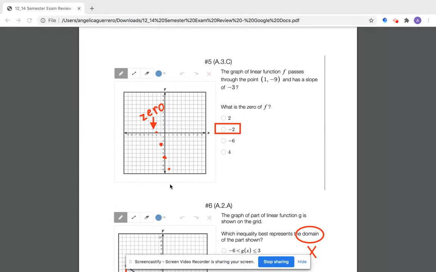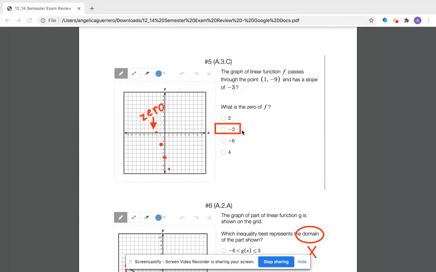Because I can't move down 3 and right 1, I want to move in the opposite direction so I can find the 0. So I would move up 3, left 1, up 3, left 1, until you hit the x-axis, and you're going to notice that it's at -2.